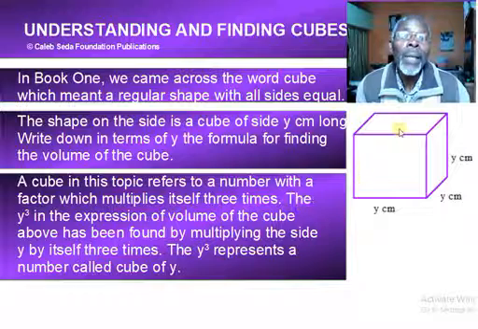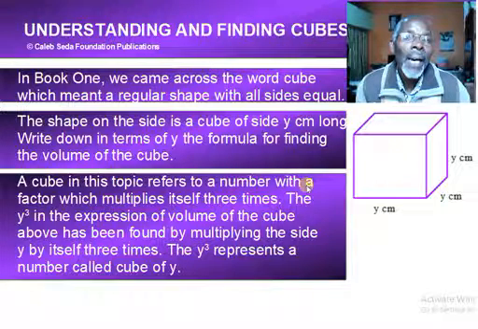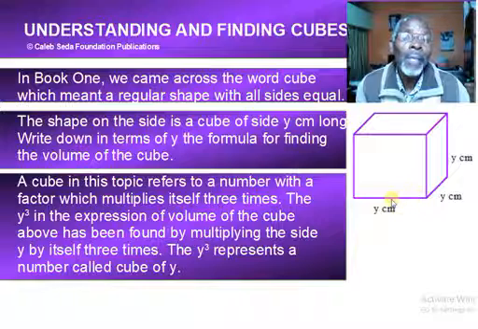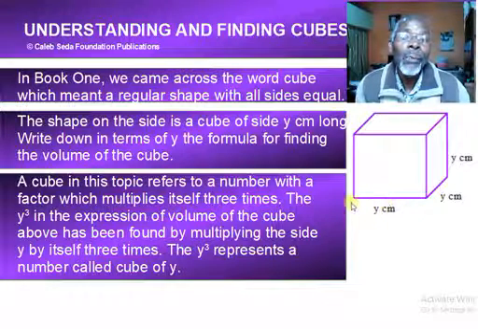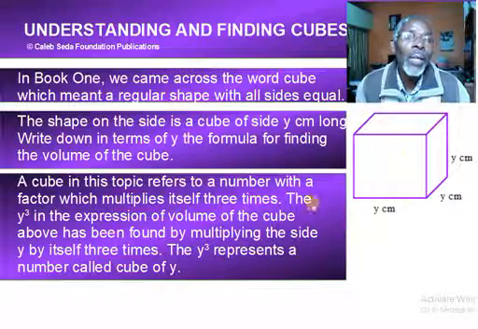If we use this shape as an illustration, and say that this shape represents a number called a cube, and the side of this shape represents one of its factors, then this factor y is multiplied by y and y, that is 3 times, to give us the number called the cube.